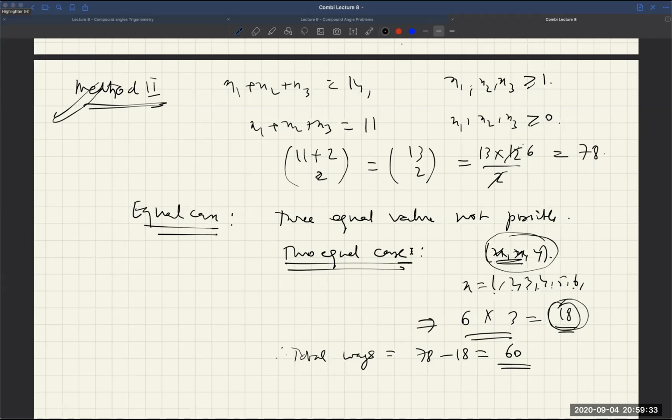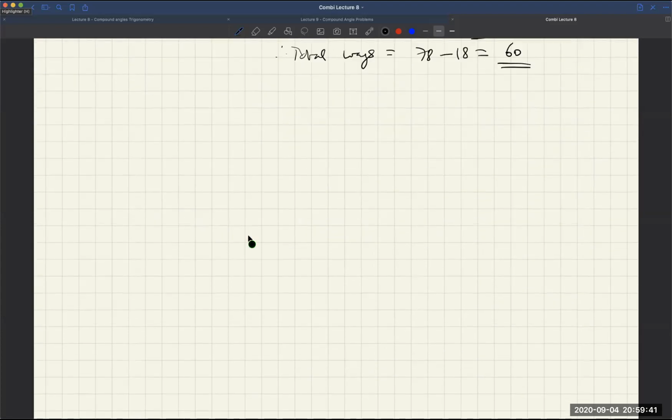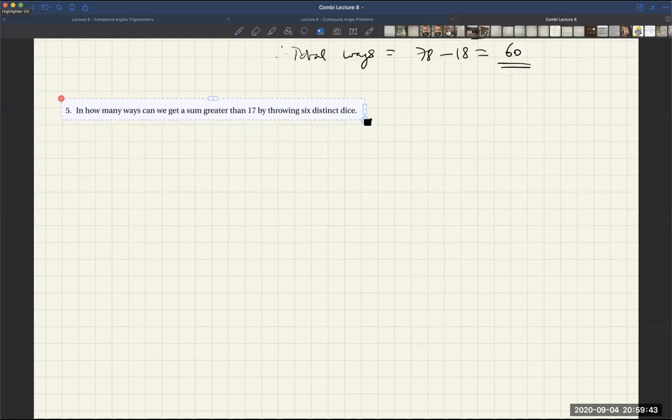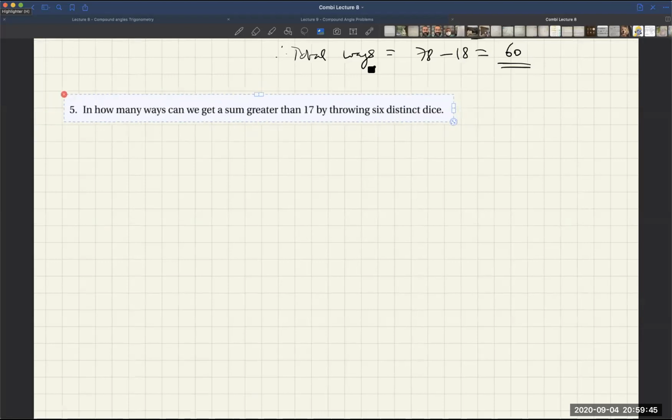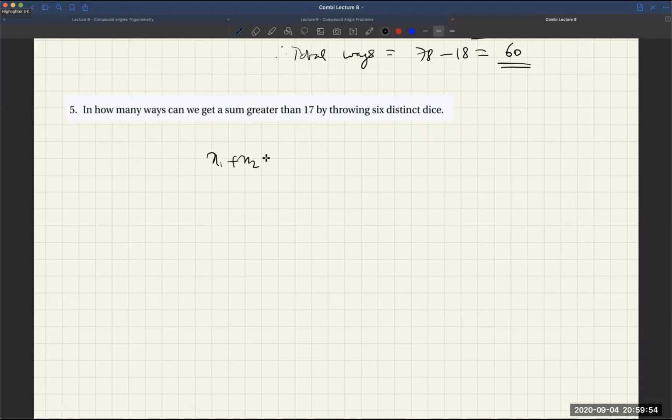Now let us go to the next problem. Let us take the fifth problem. Try this problem. Guys, you got this? In how many ways can we get the sum greater than 17 by throwing 6 dice? So x1 plus x2 plus x3 till x6 is greater than 17.